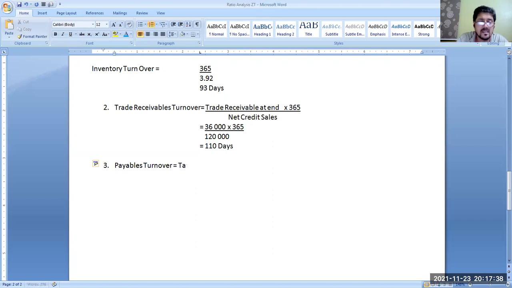Trade payables at the end of the year, multiplied by 365, divided by net purchases, net credit purchases, sorry, not cash. Net credit purchases. Be careful about that.